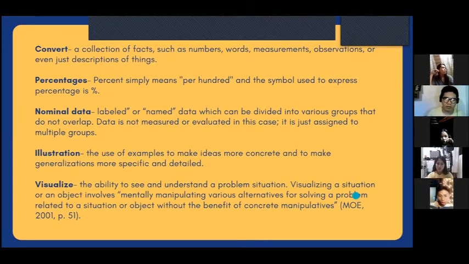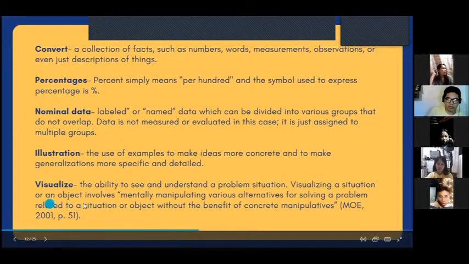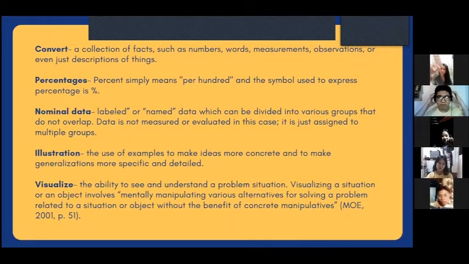Visualizing a situation or an object involves mentally manipulating various alternatives for solving a problem related to a situation or object without the benefit of concrete manipulatives. MOE 2001, page 51.